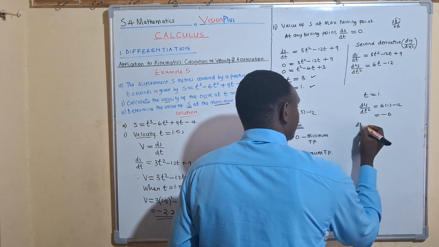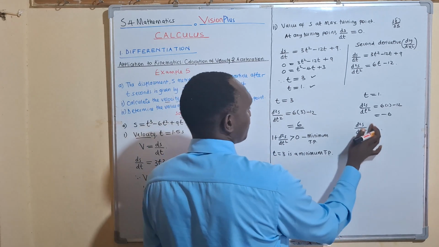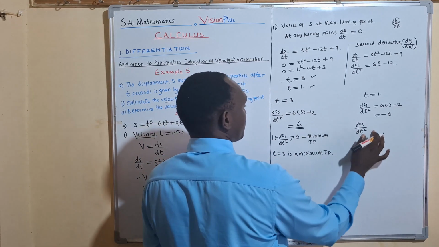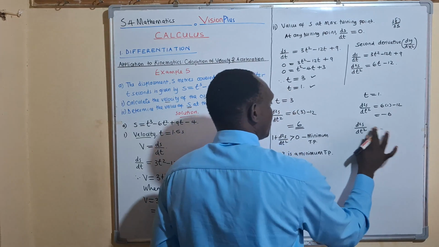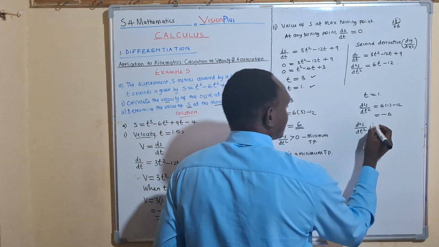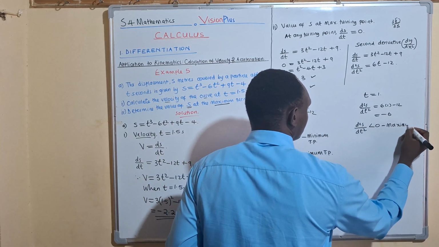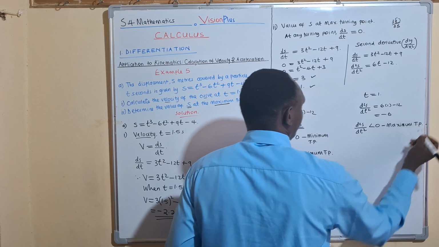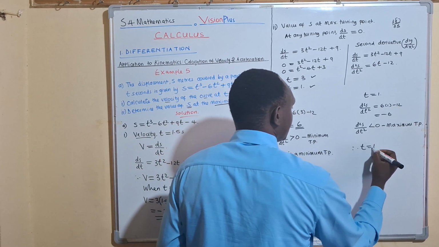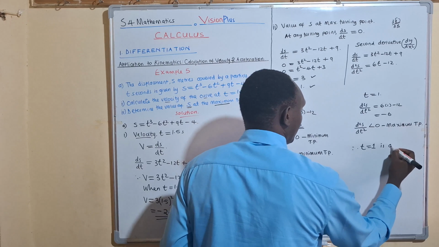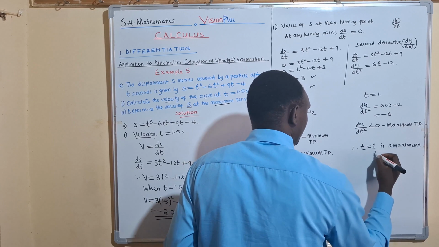We said that if the value of the second derivative, I know most of you are writing d squared y/dx squared, learn to change accordingly, negative 6, is less than 0, we say it is the maximum turning point. Therefore, it implies that t equals 1 is the maximum turning point.